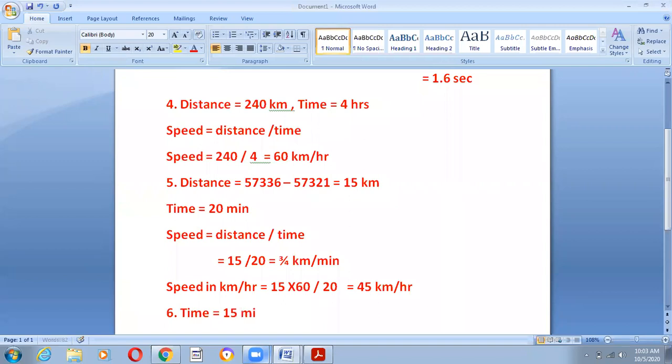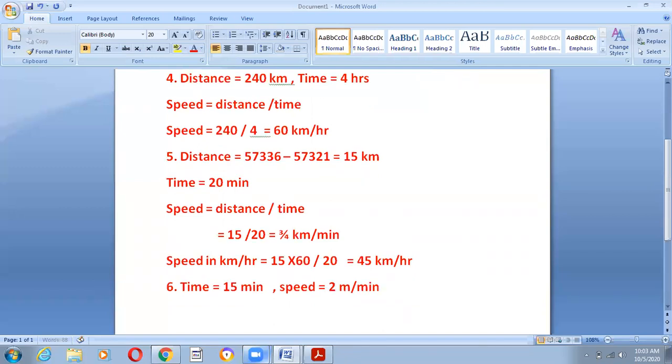Time is equal to 15 minutes. Speed is equal to 2 meters per minute. So what we can do, distance. So distance here we will get speed into time. The formula is same.